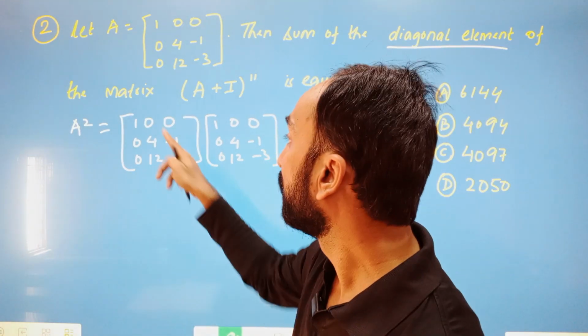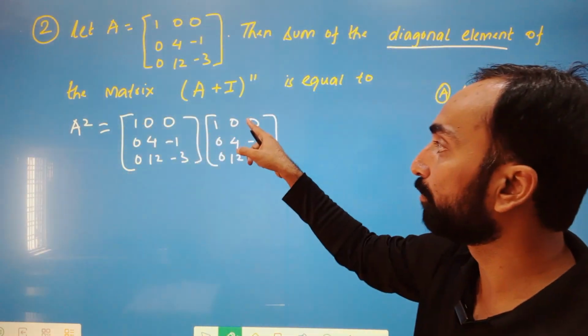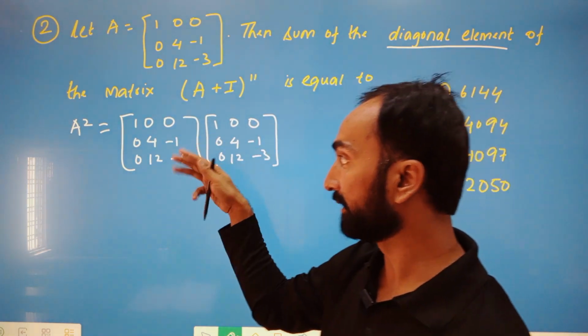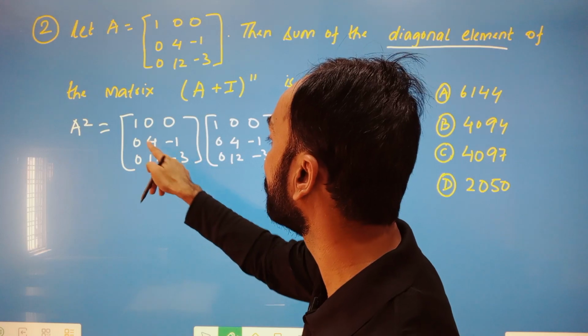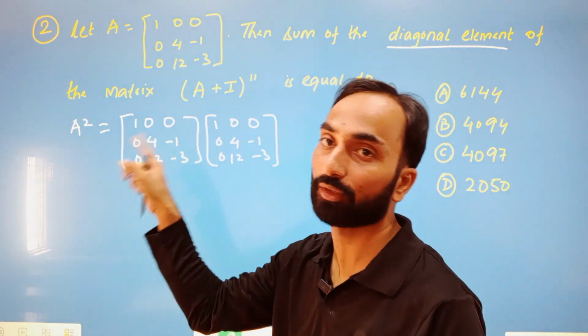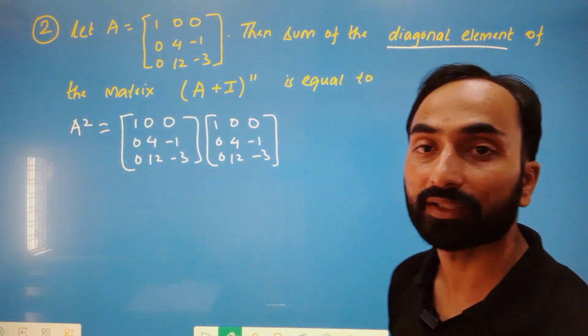For those who don't know, the first row gets multiplied with the first column, the second column, and the third column. Likewise, the second row is multiplied with the first, second and third columns, and the third row with the first, second and third columns.